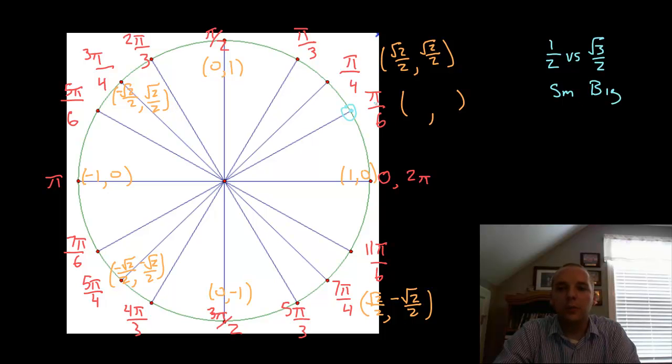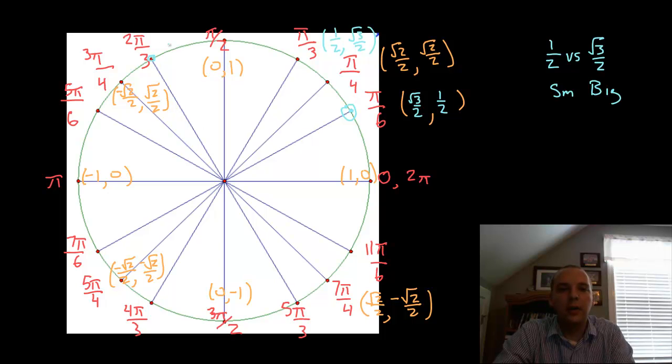So let's see here, pi over 6. Think in your head, is the x value bigger or the y value bigger? Obviously the x value, so we would say root 3 over 2 is the large x and 1/2 is the small y. Now how about pi over 3? Well, that has a small x value of a half and a large y value of root 3 over 2. Okay, how about 2 pi over 3?